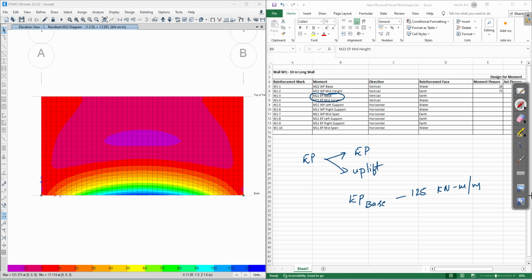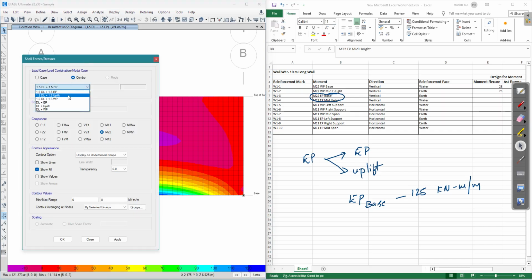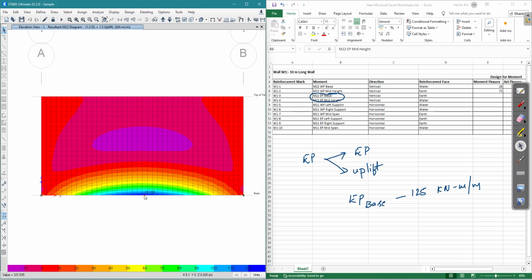Next I will change the combination. So instead of earth pressure, I will go to display. So I will select combination with uplift, close. So see, it is also same, 125 almost. So next combination is uplift, uplift base.